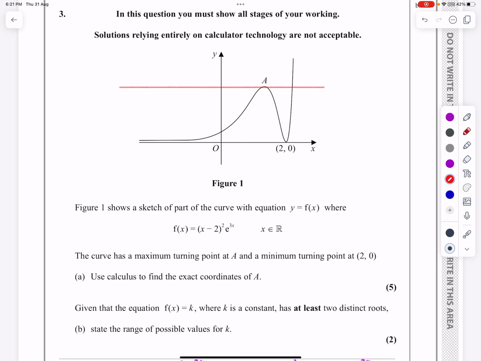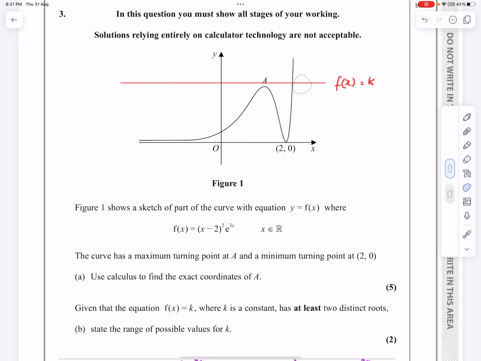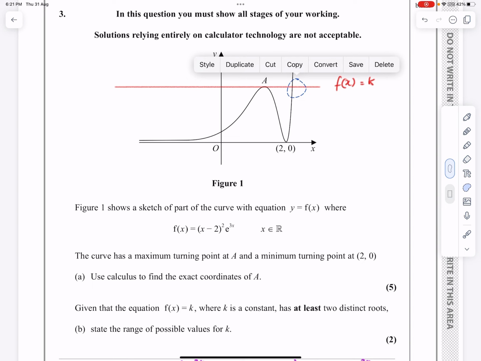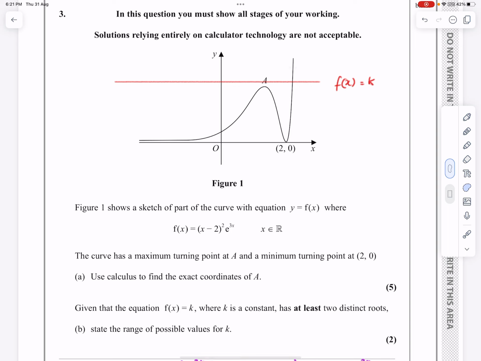So f(x) equals k is just this line here, and this line can be all the way up there, keep coming down, can hit here, can be any of these values, and can even be down here. But because I want the situation where it has at least 2 distinct roots, if I just put it up there, at the moment that's only got 1 distinct root. It only hits the curve once.